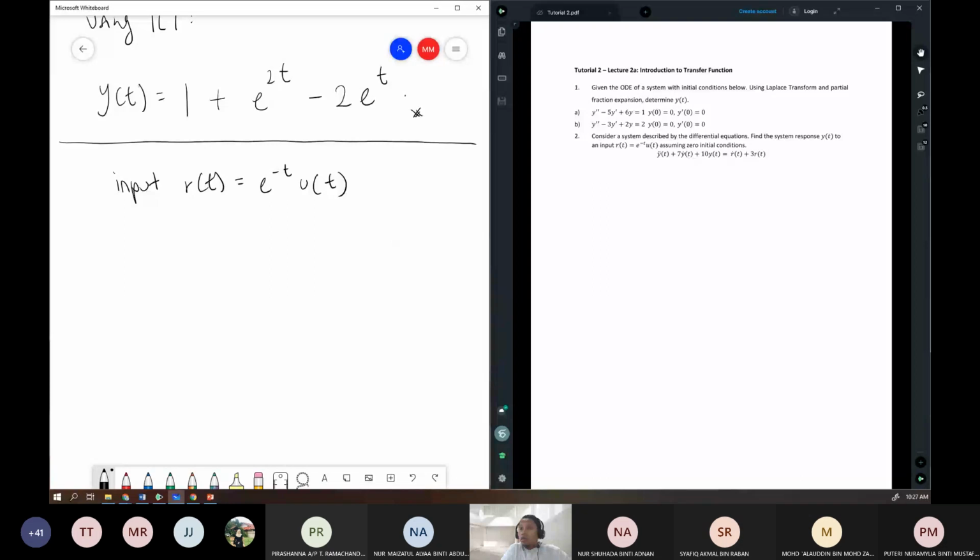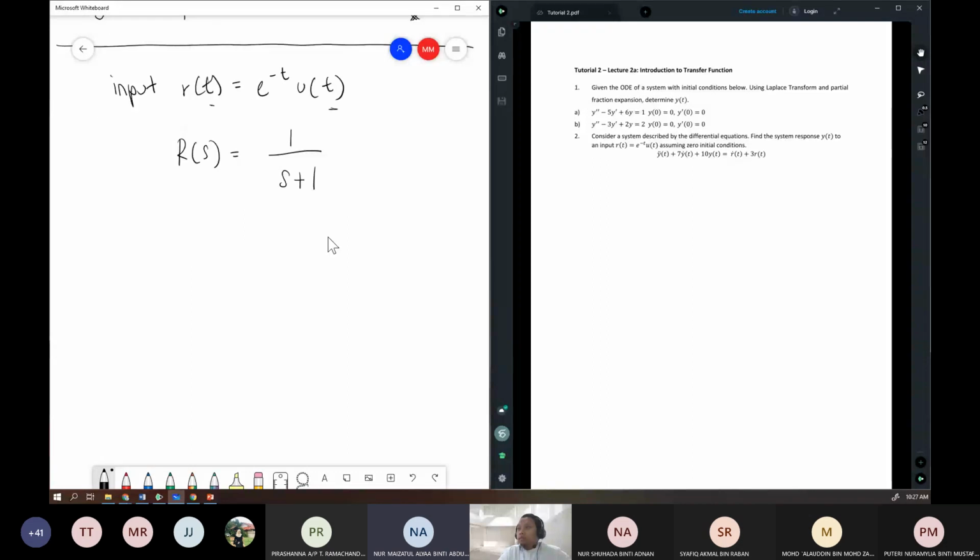So this input is in time domain, so you have to convert this into frequency domain first. Okay, so use Laplace transform. So r(t) becomes R(s). So e^(-t), from the table, you get 1 over s plus 1. Okay, so you get the input in frequency domain.